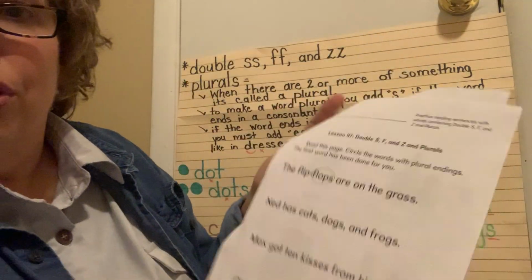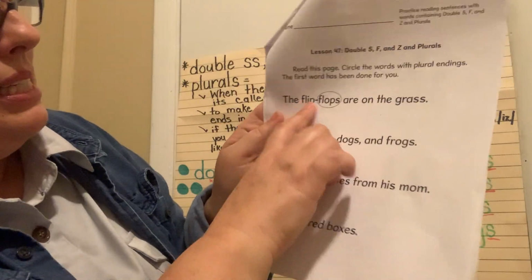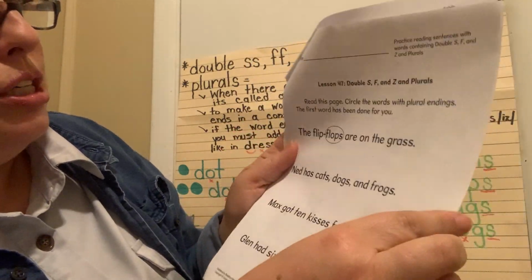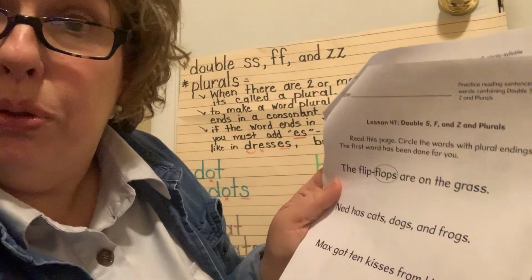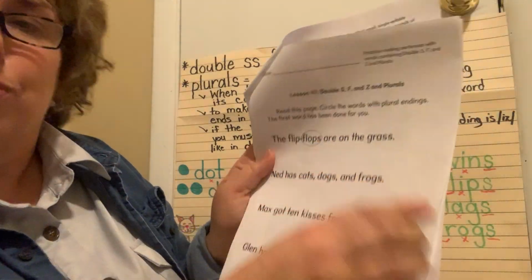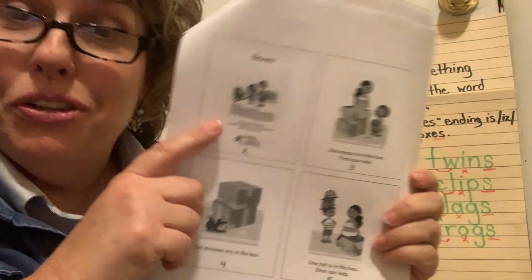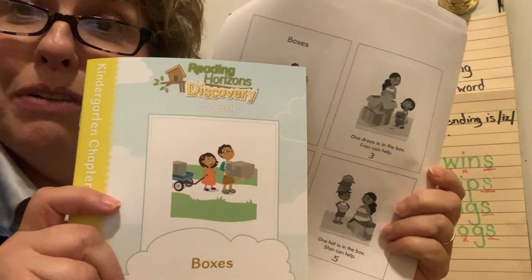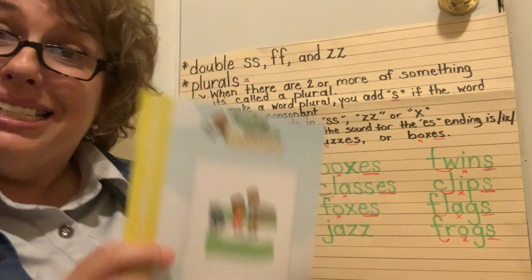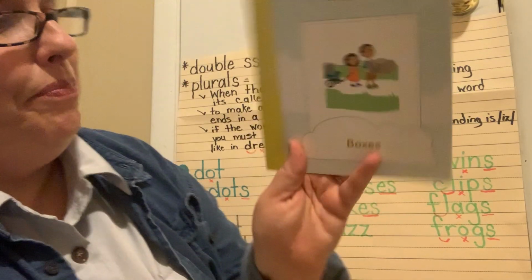And right here, we're supposed to read the sentences and circle the words that are plural, that have a plural ending. They did the first one for you. Then this is what's awesome. At the end of every lesson, look, you've got your very own little bitty copy of our book. Isn't that awesome? So you'll be able to go back and practice this skill over and over again.